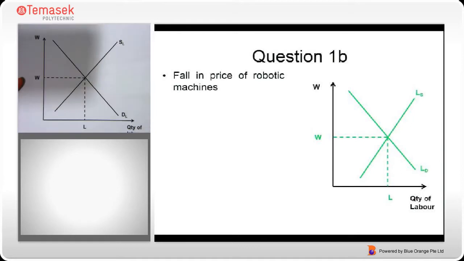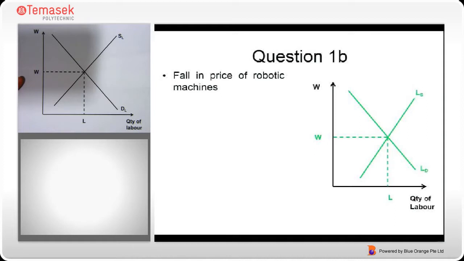Similarly, we need to establish our initial equilibrium wage and employment level. So now for this question, we need to analyze what is the impact of robotic machines on production operators, production workers. We are going to analyze the relationship between robotic machines and production workers.